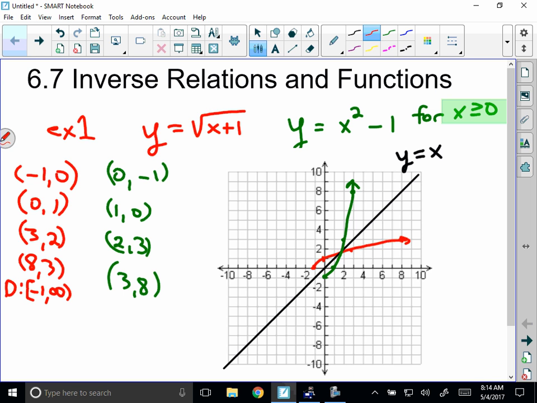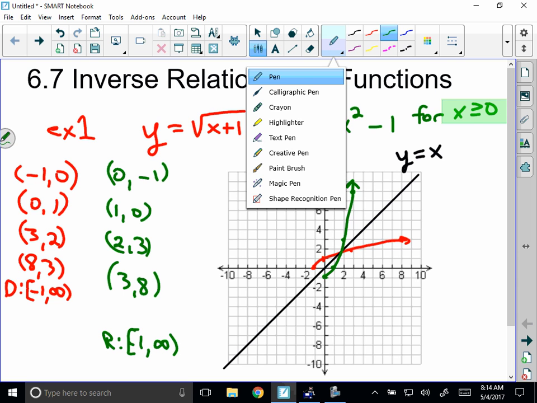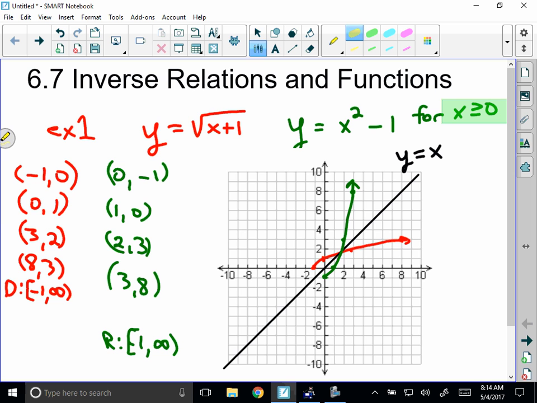Now let's look at the green function's range, all the y values that are possible for that green function. What's its range? Negative 1 to infinity. Surprise, surprise, surprise. So we got a domain here, range here, el mismo. Is this stuff making sense so far?